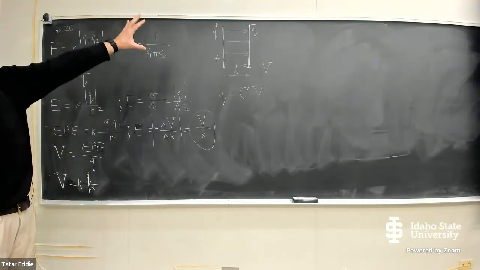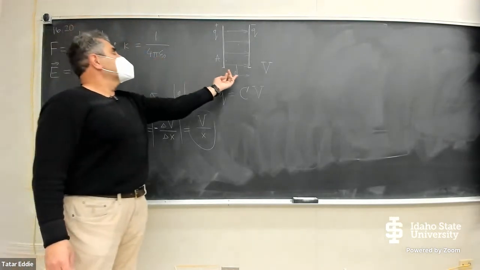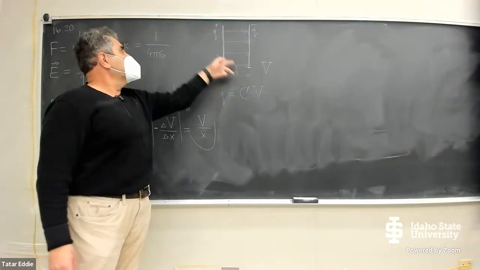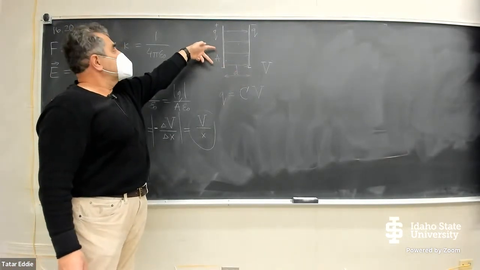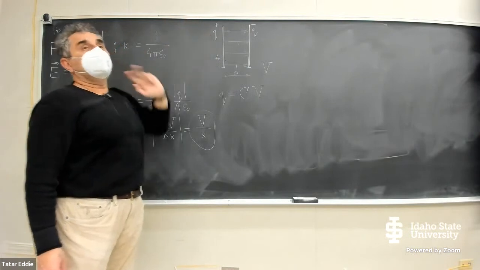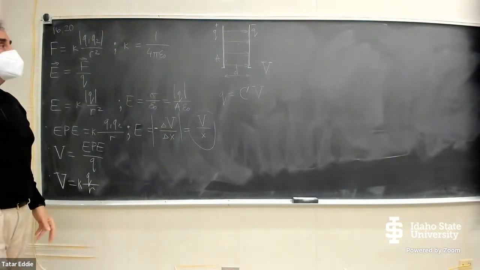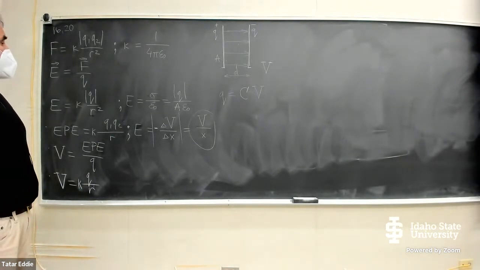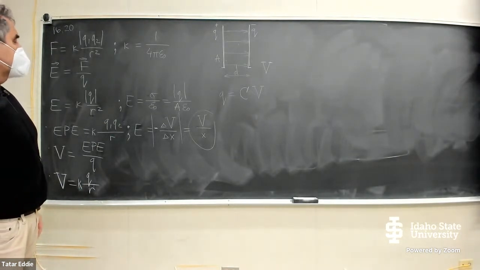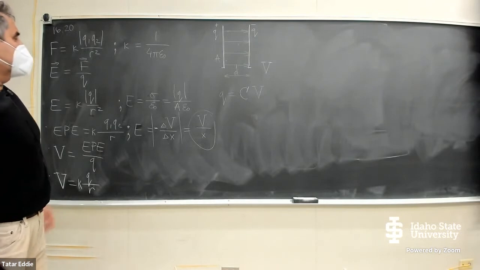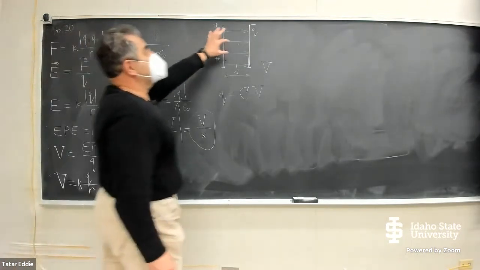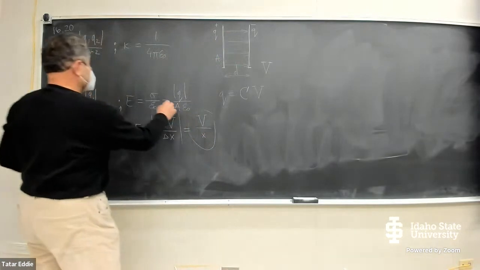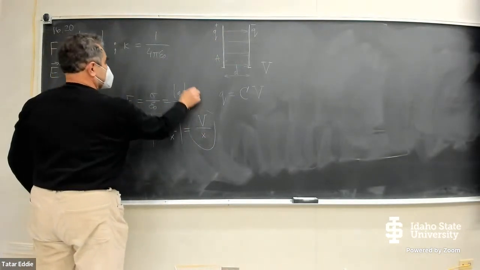Consider this parallel plate capacitor, distance between the plates d, area of the plates A, charge on the plates Q, and voltage difference V. You know what the electric field between the plates is.